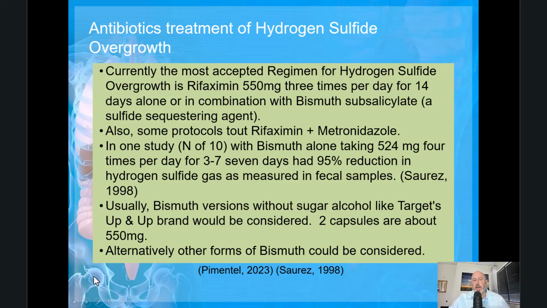So these combinations seem to help. I have not seen any major studies come out, however, this is a developing protocol. Also, some anecdotally talk about rifaximin plus metronidazole being used in combination.